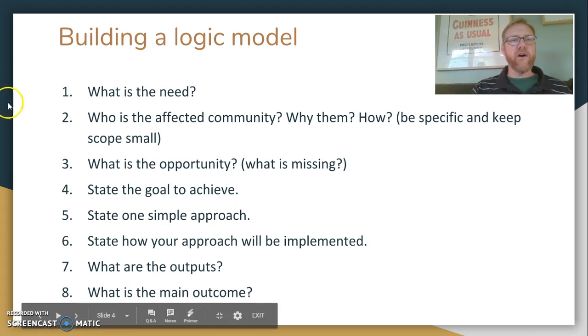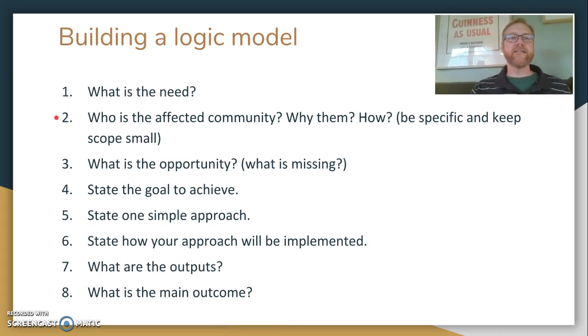We want to focus on who the affected community is, and why them. What is it exactly about the affected community that you want to talk about? And make sure that you're being as specific and keeping the scope as small as possible.